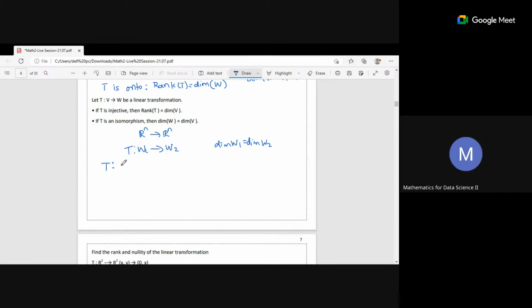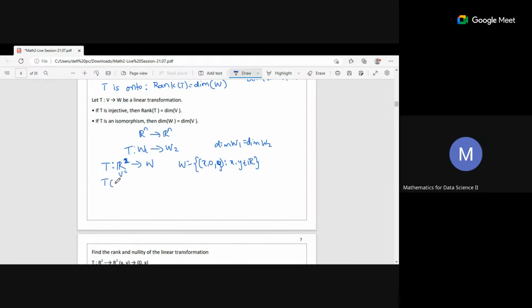If you see here, for example, I'm writing R2 to maybe another space. Let us say R2 is your V, and W I am writing as the set of all (x, 0, y) such that x and y are in R. This is your space W. So now what happens?